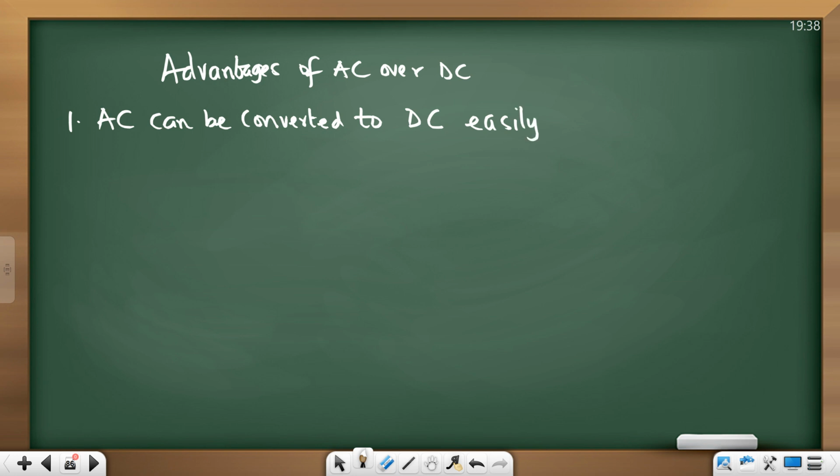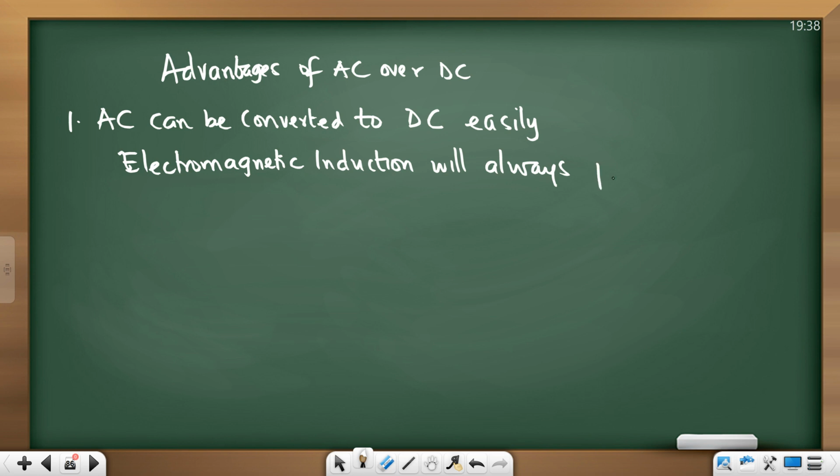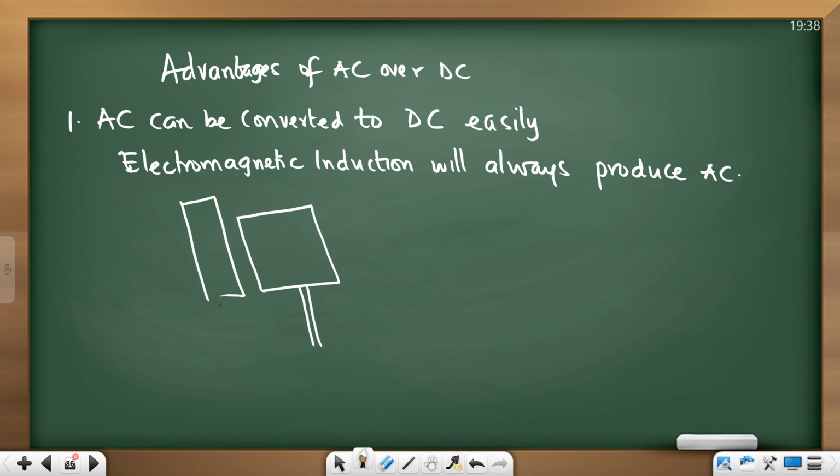Guys, in your generator, every time you use electromagnetic induction, electromagnetic induction will always produce AC. It's going to make sense to you now. Will always produce what? AC. So if I have my coil and I have my magnet, now check what I have here.